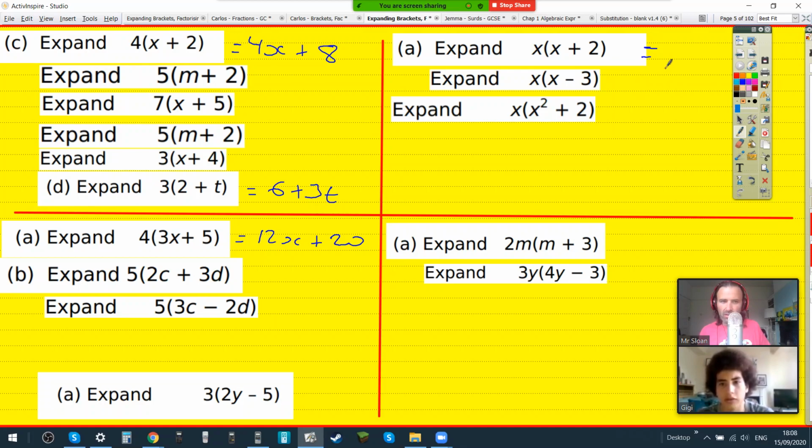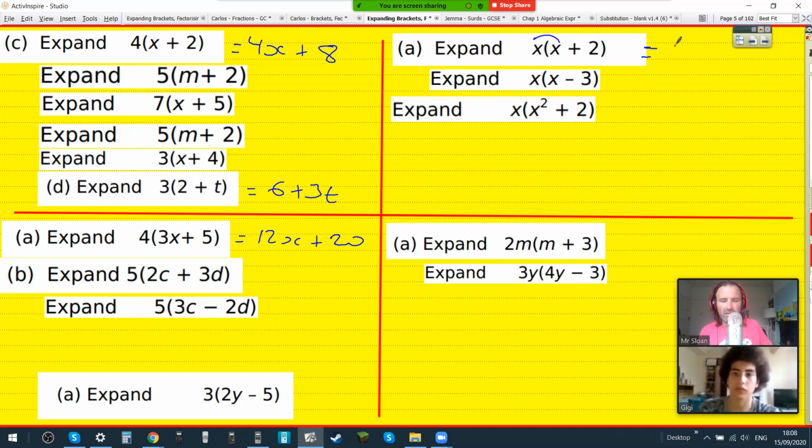X times x? X squared. And then x times 2. 2x. Yeah. And so, next one. X squared minus 3x. Very good. And how about this one?